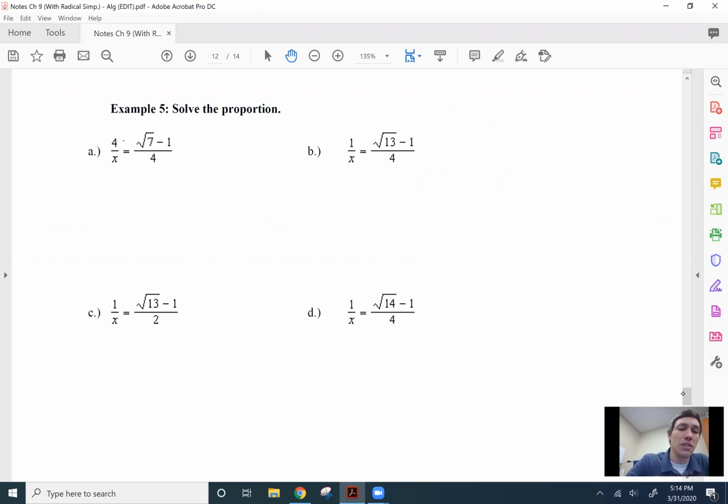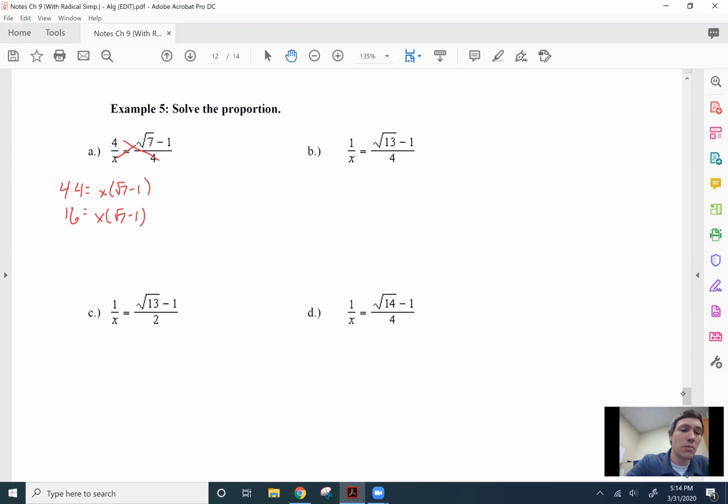So I'm still going to take 4 times 4. I'm going to take x times all this. And I'm going to get 4 times 4 equals x times radical 7 minus 1. Well, 4 times 4 is 16. And now from there, I want to get x by itself. How to get x by itself?